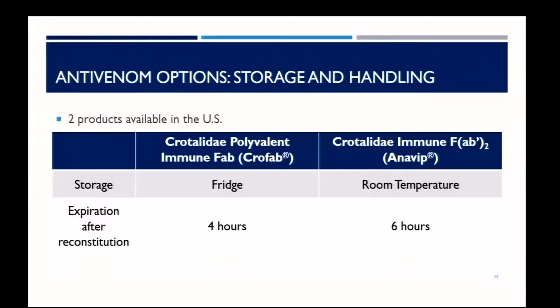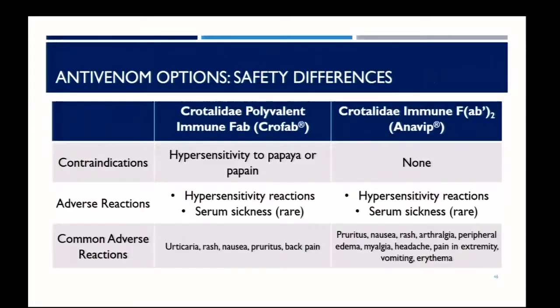And then just moving on to some basic differences. Fab has to be stored in the fridge and only lasts 4 hours after you make it, versus Fab 2, which can be stored at room temperature and can be used up to 6 hours after reconstitution. And then among safety differences, Fab actually does have a contraindication of hypersensitivity to papaya versus Fab 2, which does not.